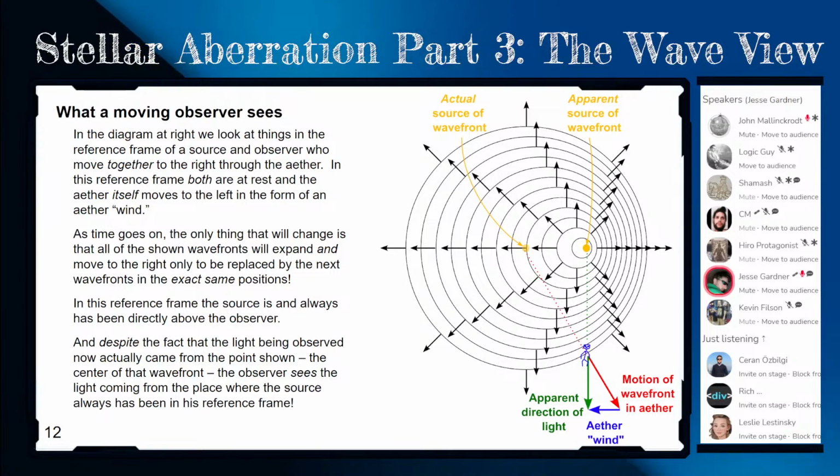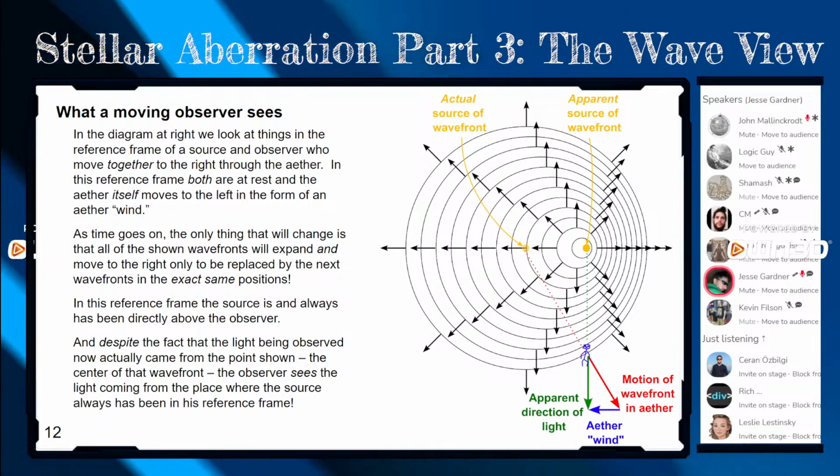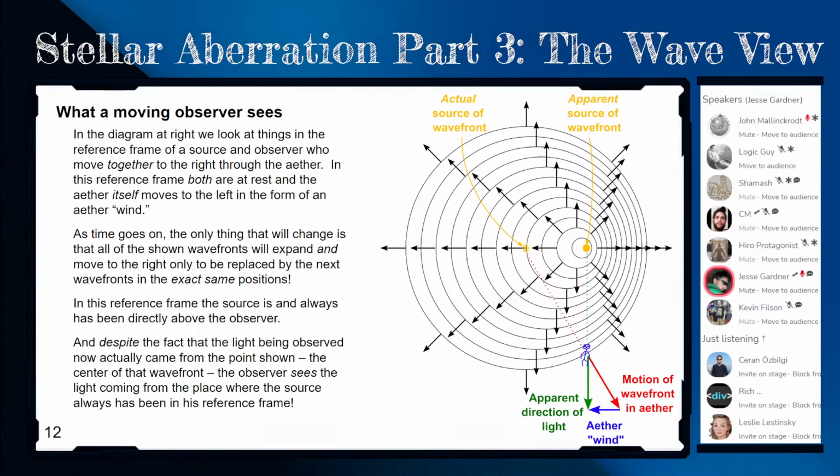There's a lot of weird stuff going on there too. So as I say, despite the fact that the light being observed now actually came from the point shown, the center of that wavefront, the observer sees the light coming from the place where the source always has been in his reference frame, directly above him.